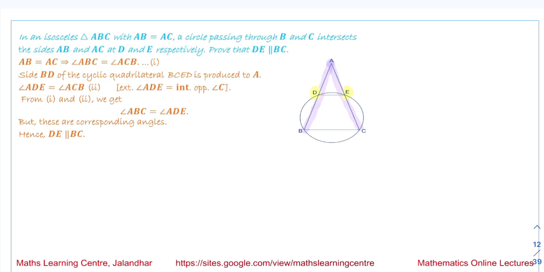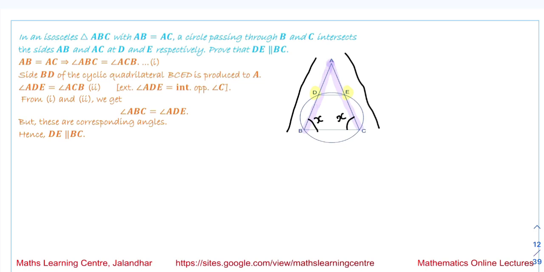If AB and AC are equal, we have this angle as x, then this angle is also x degrees.